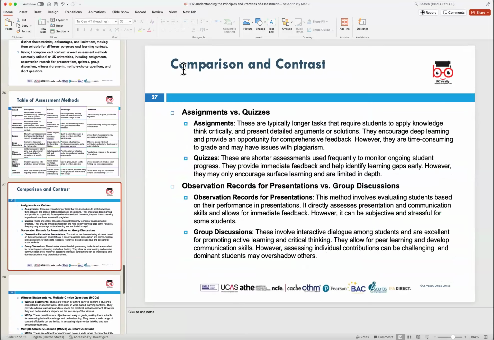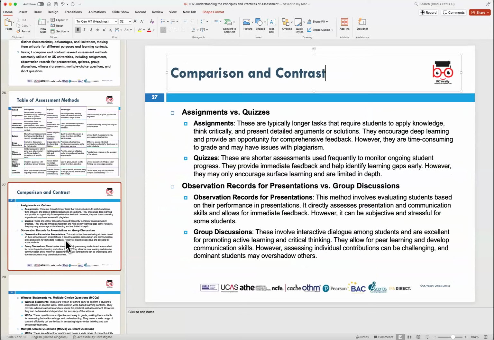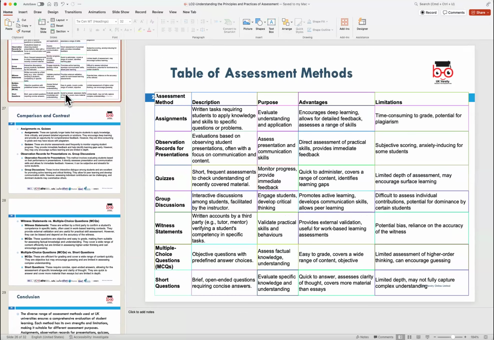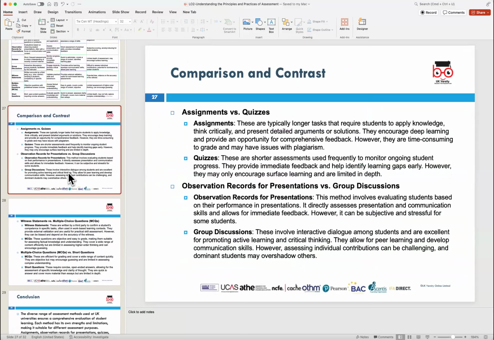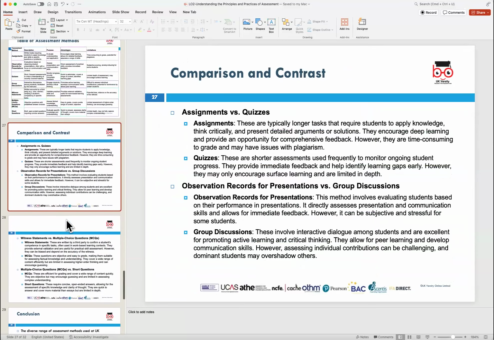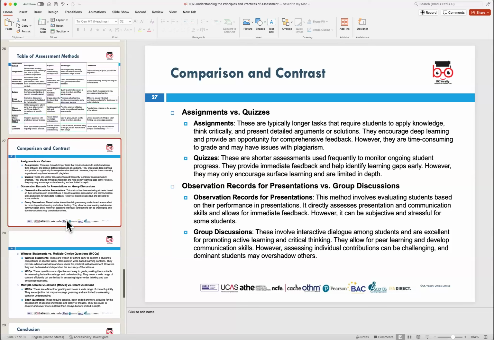Some part of this I've explained briefly in the slides. A summary is in the table that you see on the screen. I've also explained the comparison by looking at assignments and quizzes, observation reports, and group discussions.